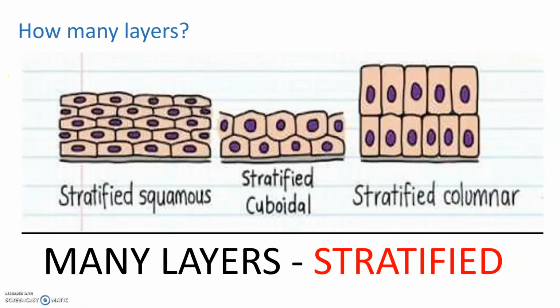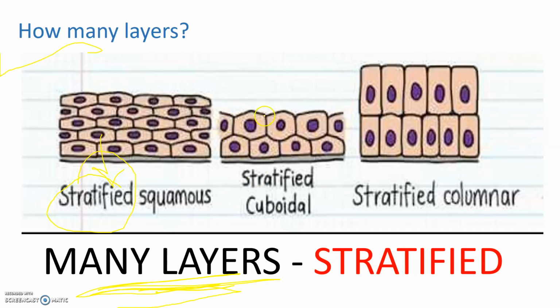When they have more than one layer, the word simple is changed to stratified. The word stratified is used for many layers. When there are many layers of cells, we call that tissue stratified. So this is stratified squamous. Why? Because the cell shape is like a line. This is stratified cuboidal epithelial tissue.